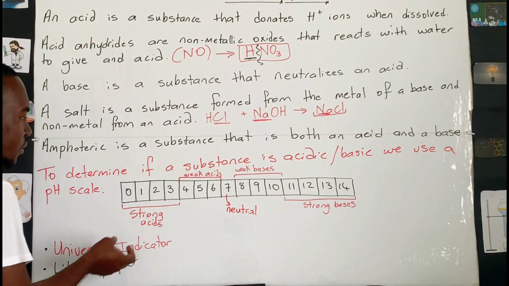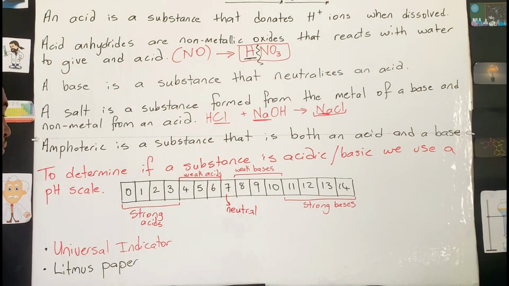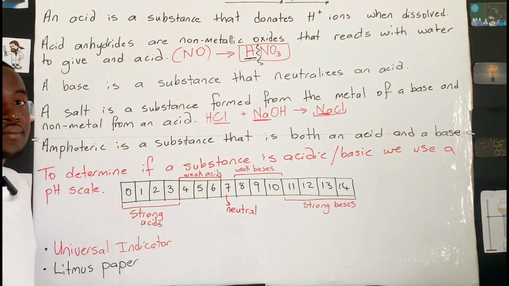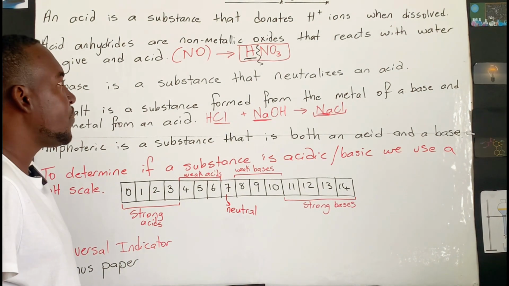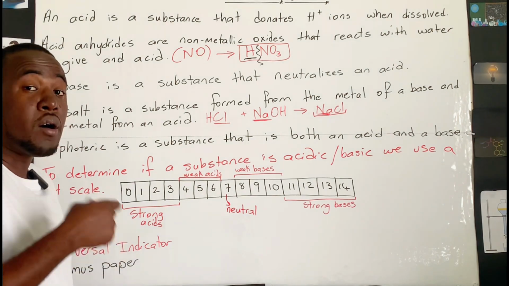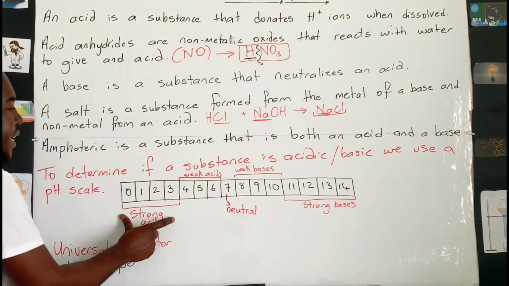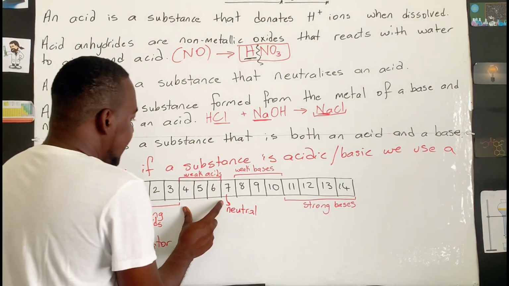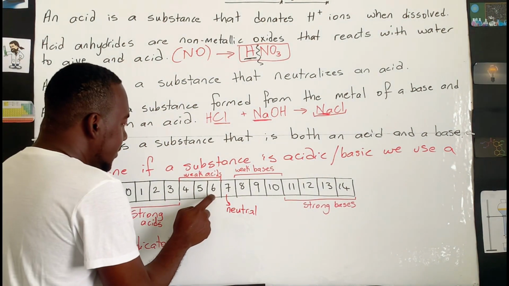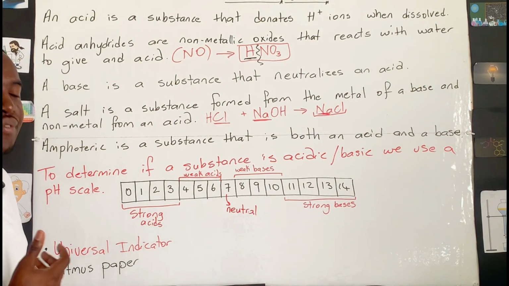Now, we see here that from 0 to 3, it's an acid, and these are classified as strong acids. Strong acids mean that when they dissolve in water, they will give off all their hydrogen ions. Now, weak acids, from 4 to 6, will have some hydrogen left after they dissolve.